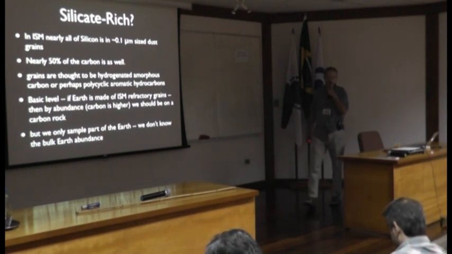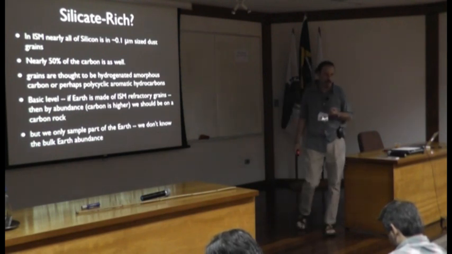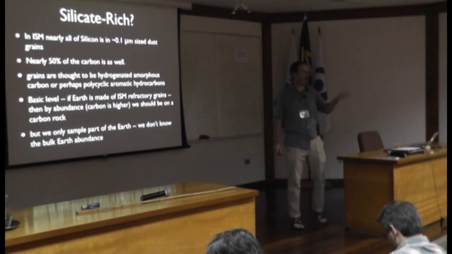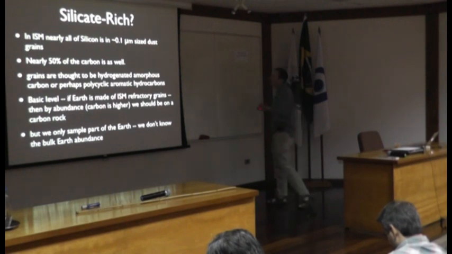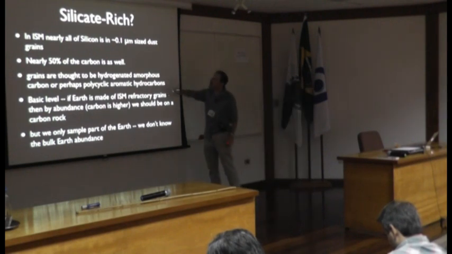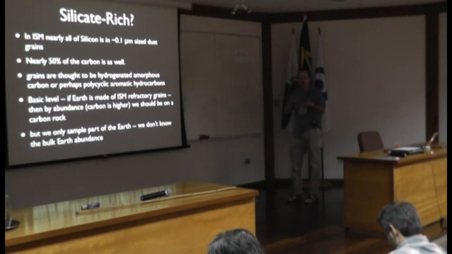What we mean by solid state, these are refractory materials that are harder to evaporate, requiring temperatures greater than on the order of 1,000 to 1,500 Kelvin. Okay, so they're hardier.